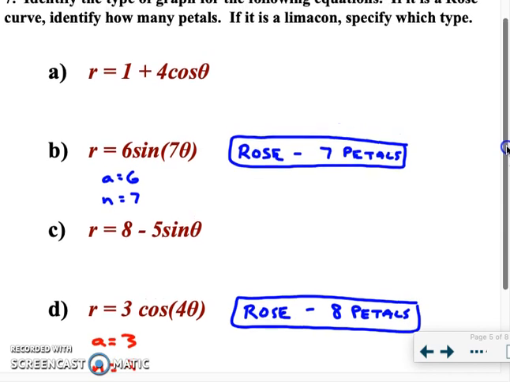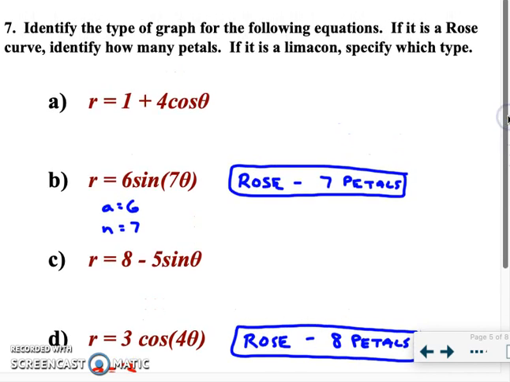As you can probably already tell, A and C, these are going to be limacons, and we need to comment on which type of limacon we're going to have. So as you're probably remembering, A and B, they're going to create a ratio, specifically A over B. And that ratio, I should say, is going to tell us specifically which type of limacon we have.